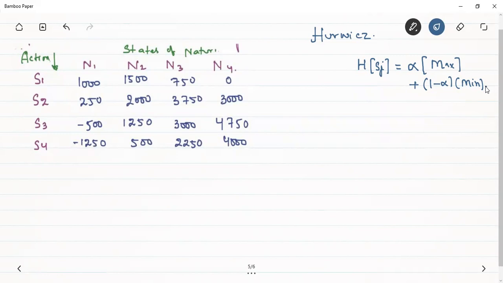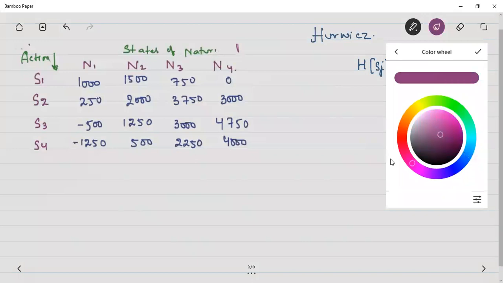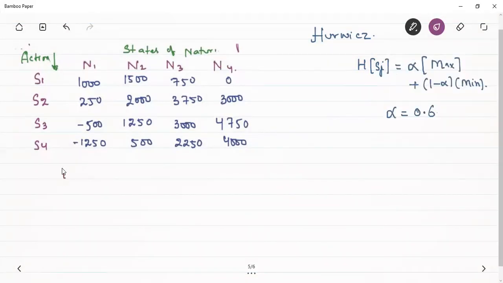So we can see that for the first course of action, and let's also assume that alpha is equal to 0.6 here, for the first course of action, that is for S1, the H value will be equal to the maximum value among these, which is 1500.